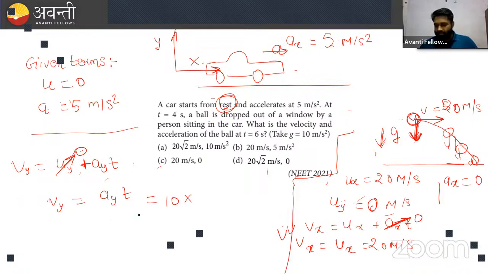This 6 second, what is this 6 second? This 6 second is 4 seconds in the car and 2 seconds after the car, after the drop. So we have to consider only 2 seconds, the difference. जब से कार से गिराया गया है 4 सेकंड से और 6 सेकंड, so there are only 2 seconds which are spent by the ball.